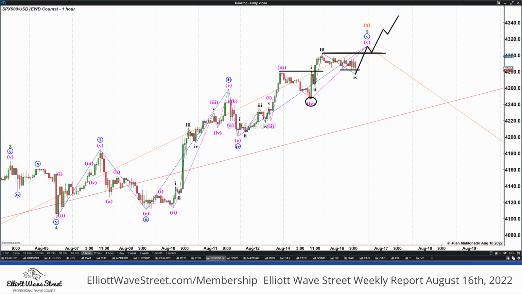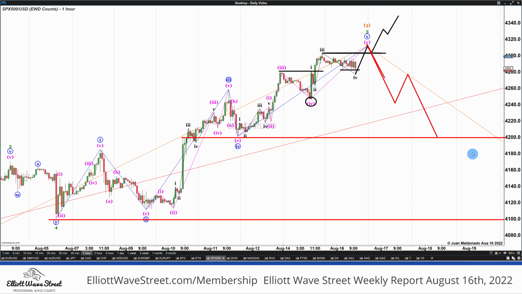But if, on the other hand, the price rejects here, and I mean like a bearish engulfing candle, re-entering this area, that's where I'm going to start shorting the S&P, and we can have price moving to the 200. We will see the market structure once we get there, if it's a good idea to go long at the 200, or if it's something stronger, we could very easily reach the 100 area.